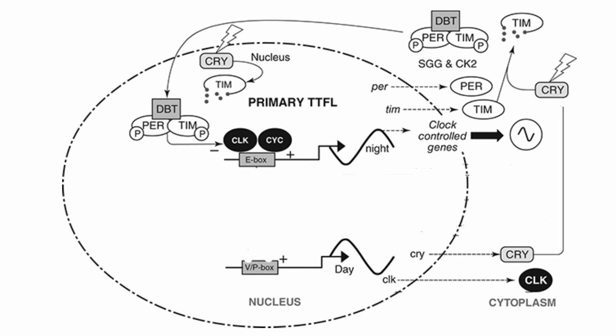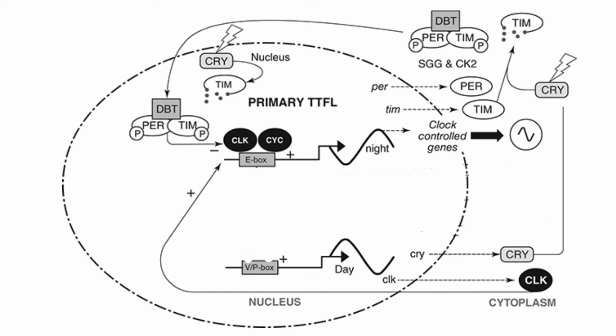Clock has its own gene, and its production also has a circadian transcription-translation rhythm to it, and it's produced via activation of the VP box. So not the E-box. Clock and Cycle does not turn on the Clock gene. It's produced in the cytoplasm. And of course, we know that this feeds back into the nucleus, and it takes part in activating E-box, which is our primary feedback loop.